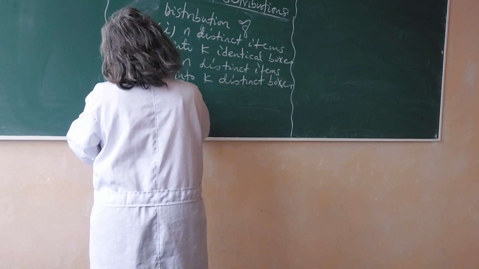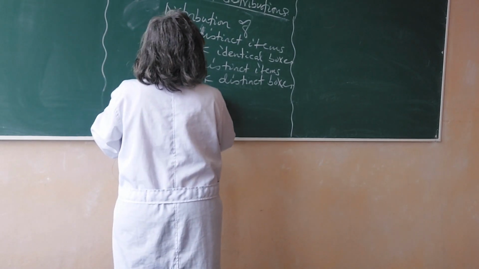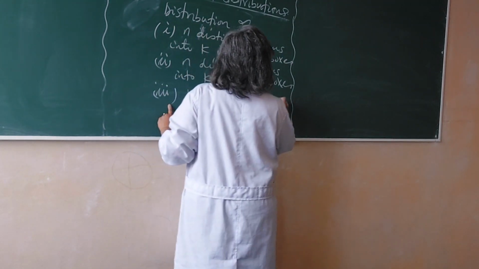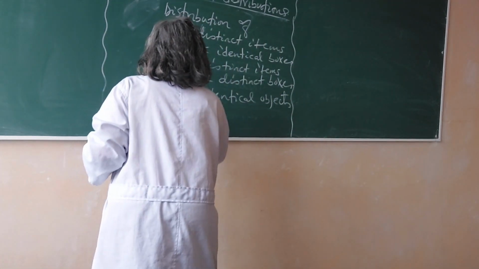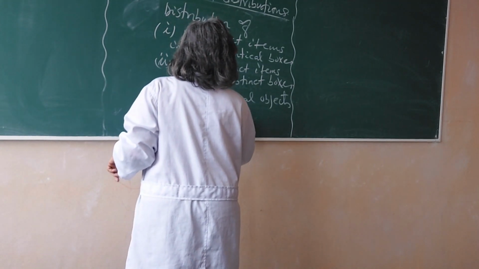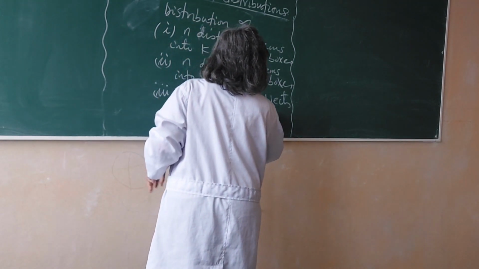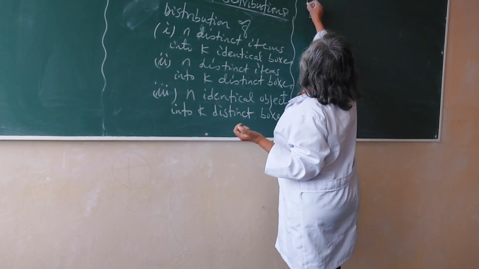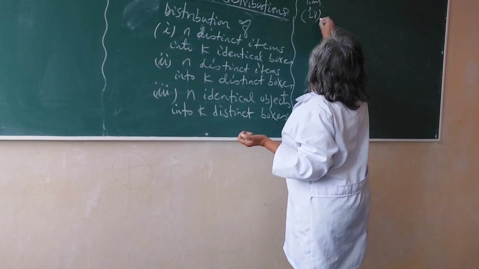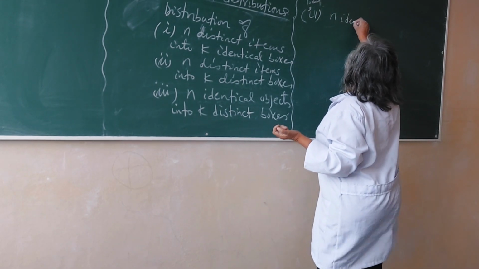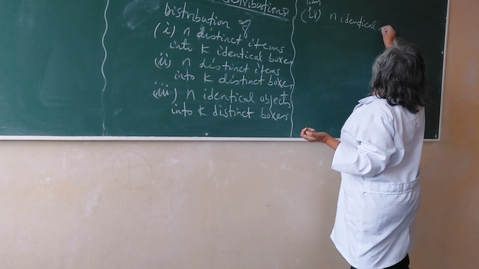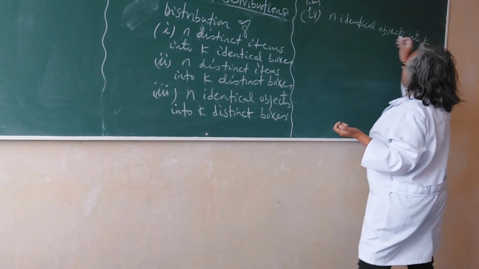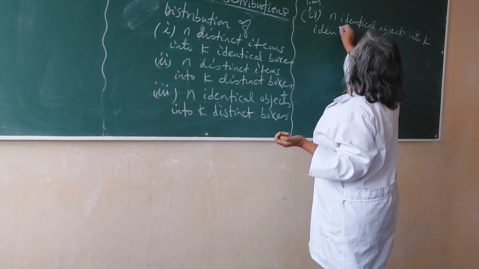Okay? Then we did n identical objects into k distinct boxes. And today, this is for today, we are going to do n identical objects into k identical boxes.